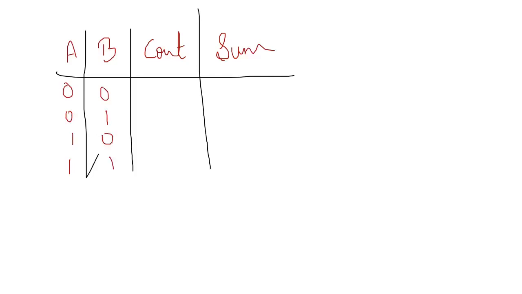The sum of 0 and 0 is 0 and we are not giving any carry, so the carry out will be 0. The sum of 0 and 1 is 1 and here also we are not giving any carry, so carry out is 0. The sum of 1 and 0 is 1. Here also we are not giving any carry, so the carry out is 0.